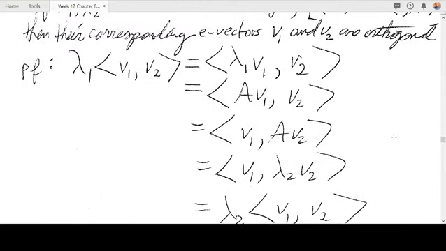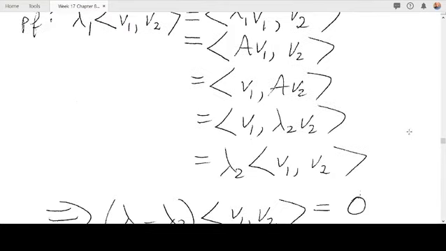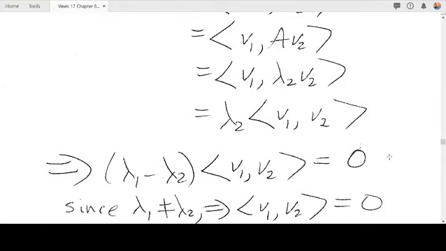Remember, normally, if we move A to the second component, it would be the transpose of A. But since A is symmetric, the transpose of A equals A. So we have A. And then AV2 is lambda 2 V2. Then factor out the lambda 2. Subtract the ends.